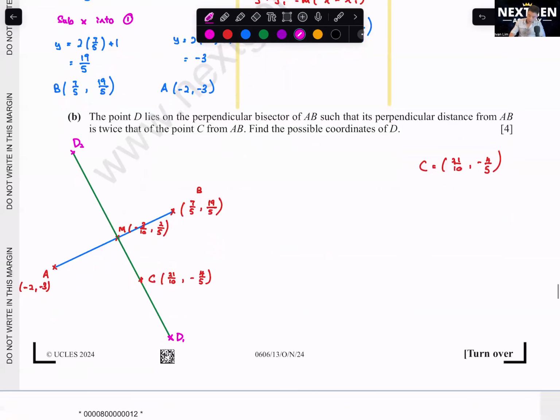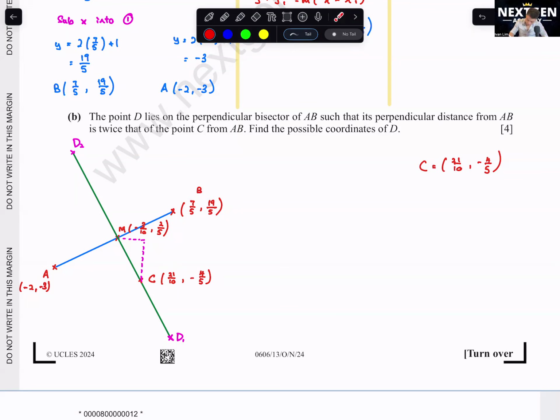I want you all to calculate the x distance from here to here first. What is the distance from -3/10 to 21/10? We take our calculator, 21/10 minus negative 3/10, so plus 3 over 10, and we will get 12 over 5.